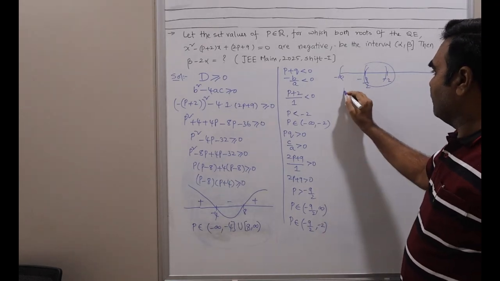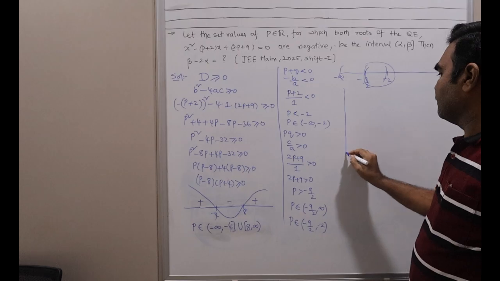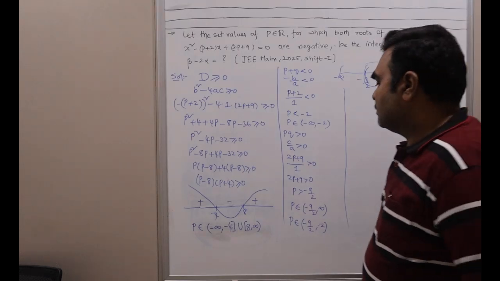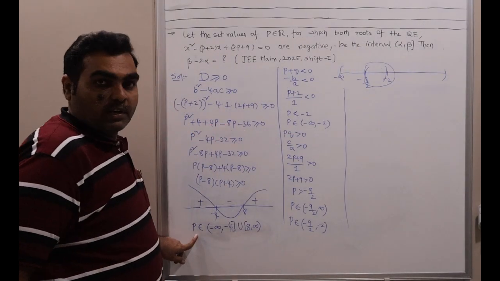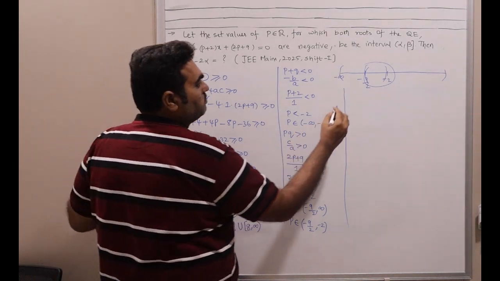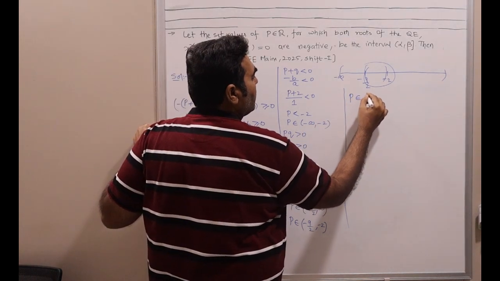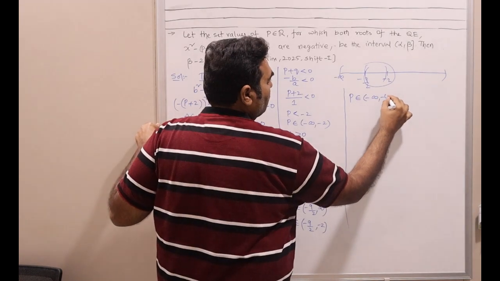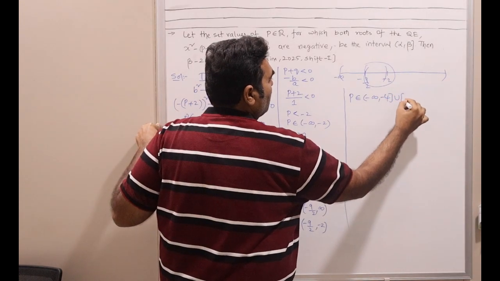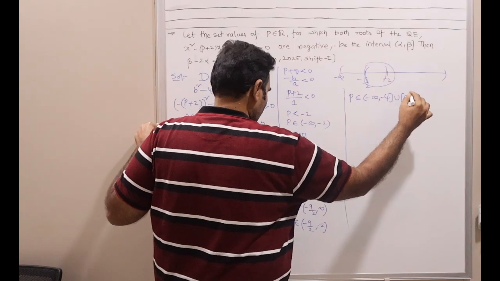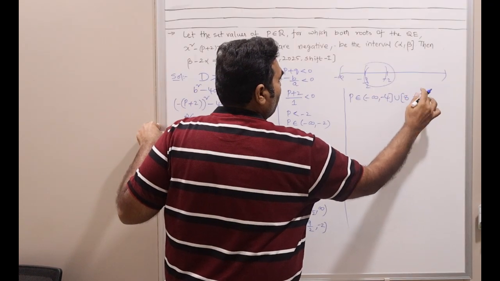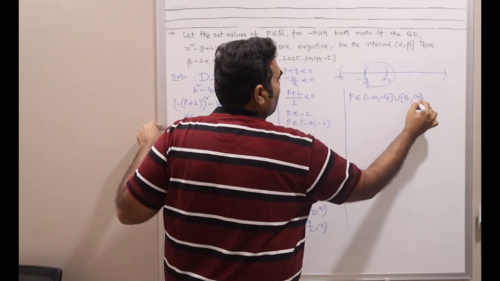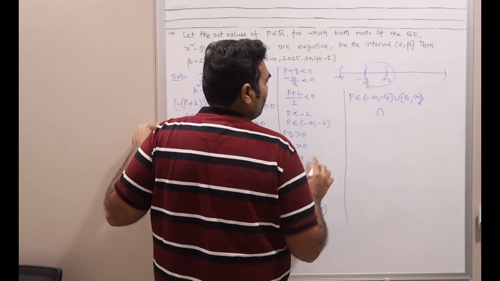So now we have two conditions. What are those? p belongs to this interval. We have already read, minus infinity to minus 4 closed interval, union 8 to infinity, open interval. Intersection, what did we arrive at?